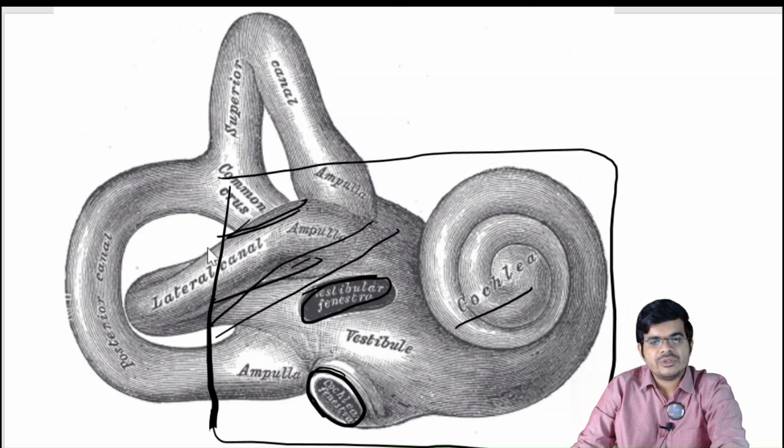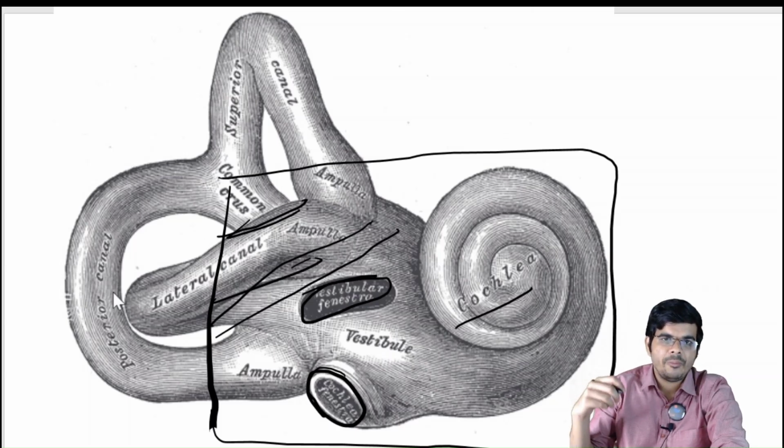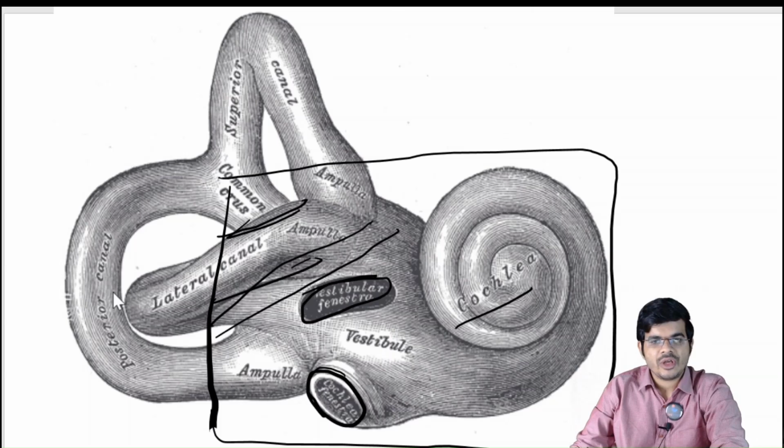So the part which is bulging into the middle ear is the lateral semicircular canal. In the anatomy of the middle ear we discussed how the lateral semicircular canal dome projects into the medial wall of the middle ear.